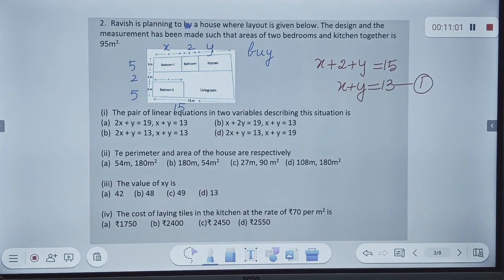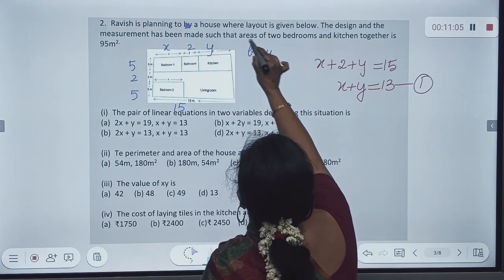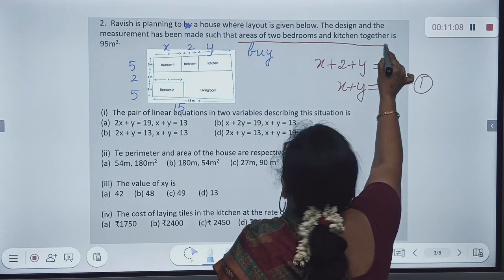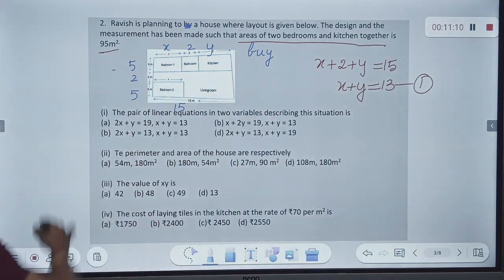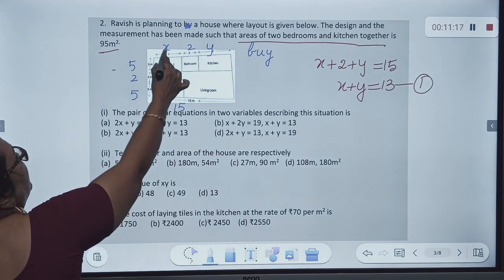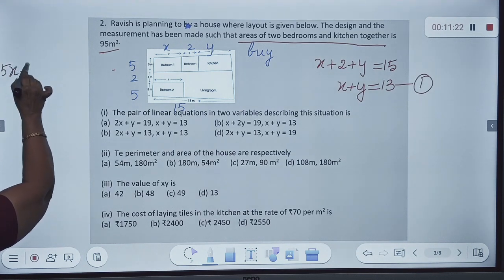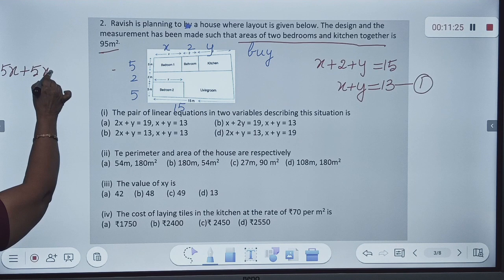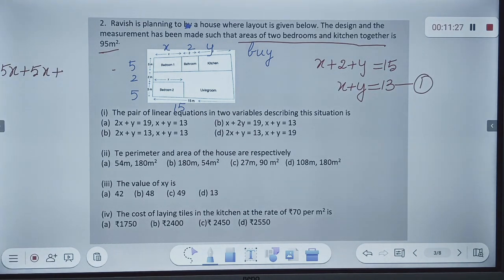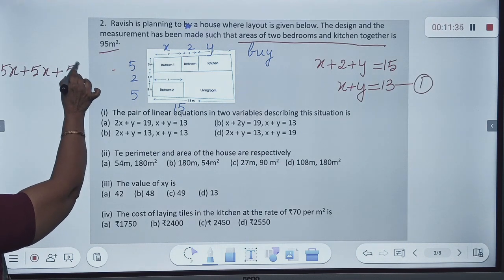Okay. Then what else is given? The design and the measurement has been made such that the area of the 2 bedrooms and the kitchen together is 95 meters square. What is the area of 1 bedroom? 5x. This is also 5x. So 5x plus 5x, area is length into breadth, plus that of the kitchen. Kitchen length will be what? This is y, this is 5. So plus 5y.